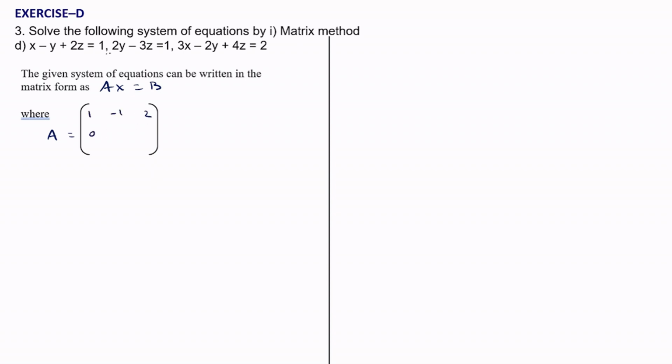Here we do not have an x term, so it is 0. Coefficient of x is 0, y is 2, z is minus 3, then 3, minus 2, 4. X is x, y, z. And B is 1, 1, 2.